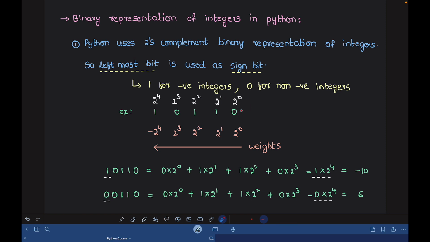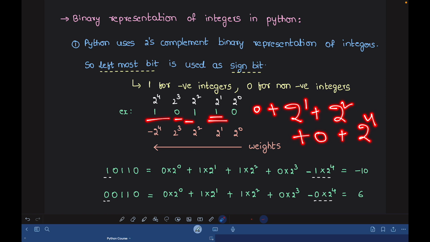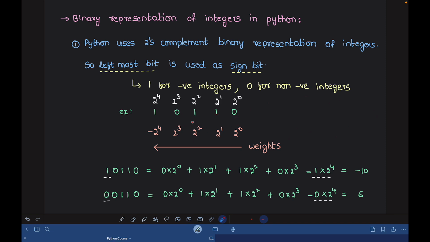So it will be 0 into 2 power 0, which is 0, plus 1 into 2 power 1, plus 1 into 2 square, plus 0 into 2 cube, plus 1 into 2 power 4. As you can see, the bits which are 0 can be ignored because those terms will be 0 anyway. So we can simply say that it is the sum of weights at positions where bits are 1, which is 2 power 1 plus 2 square plus 2 power 4.